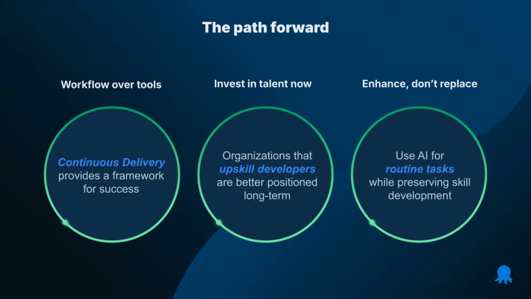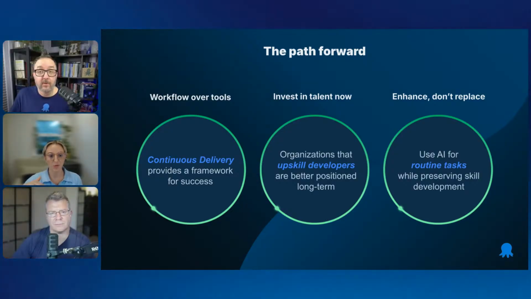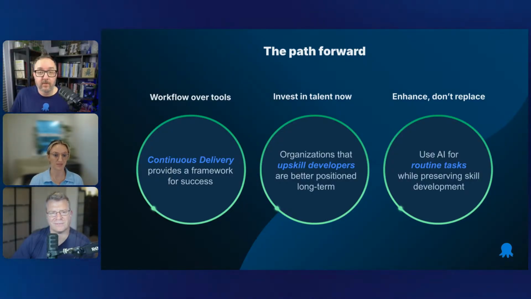And lastly is enhance, don't replace, which is to use AI for repetitive routine tasks, while preserving skill development and nurturing those critical problem-solving skills at all levels of experience.